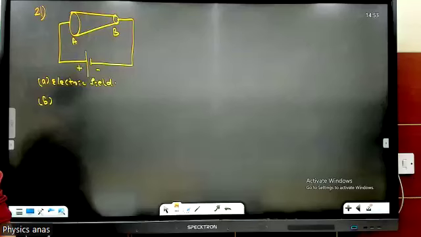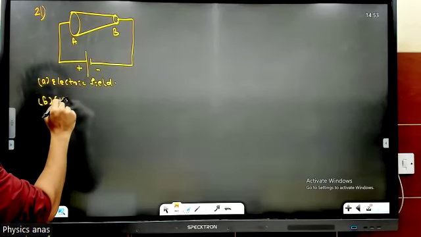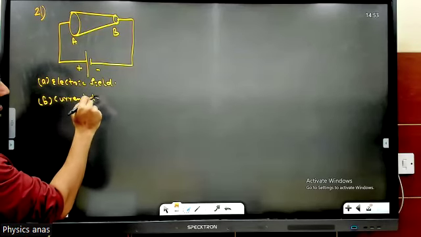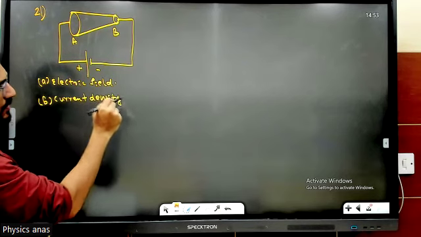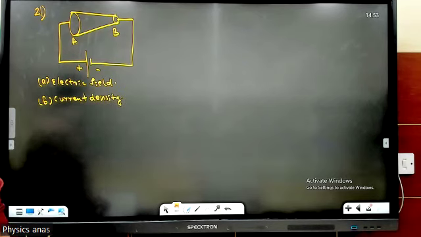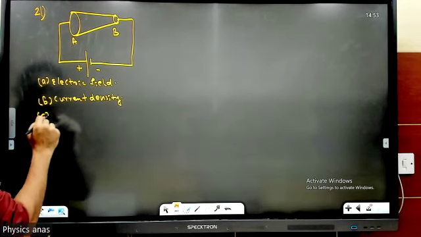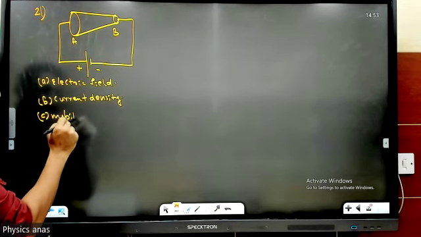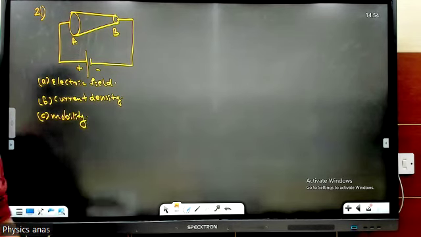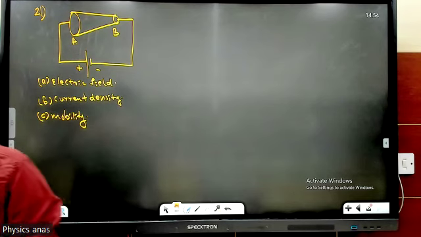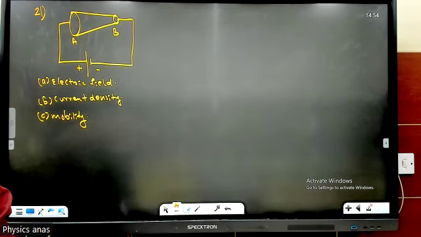And second one, what will happen to current density? And the third one, mobility. What will happen to mobility as we are going from A to B? Okay, that is the question.